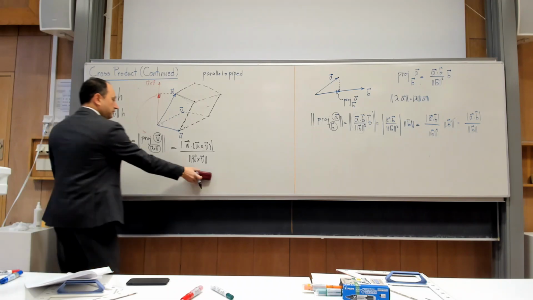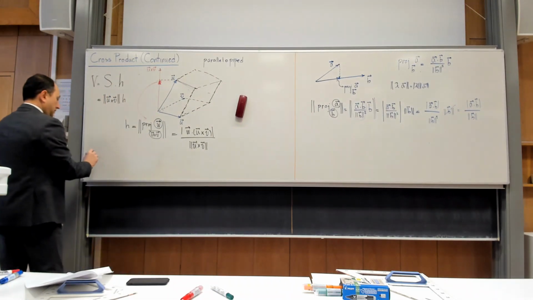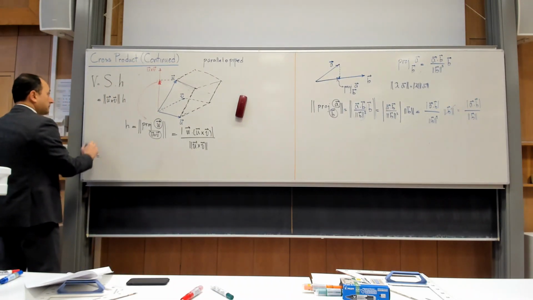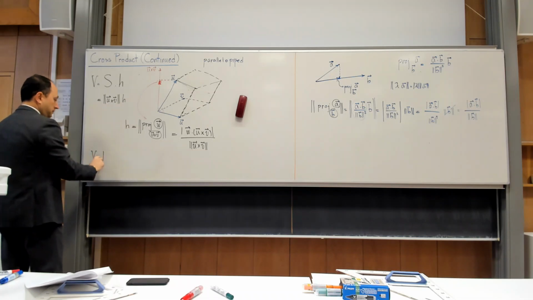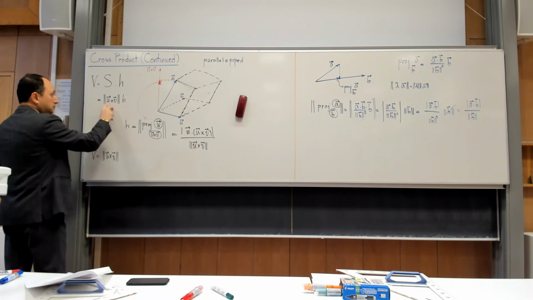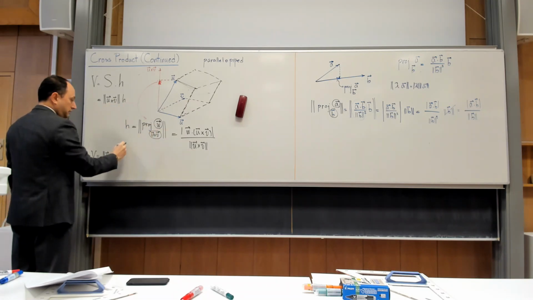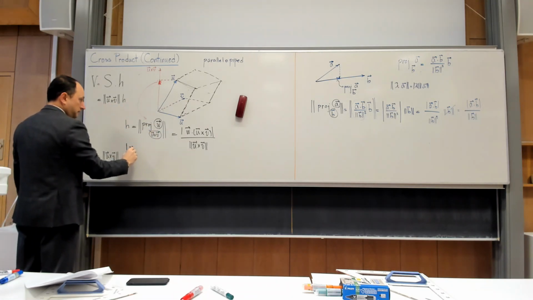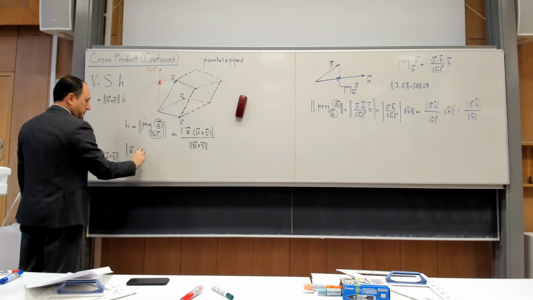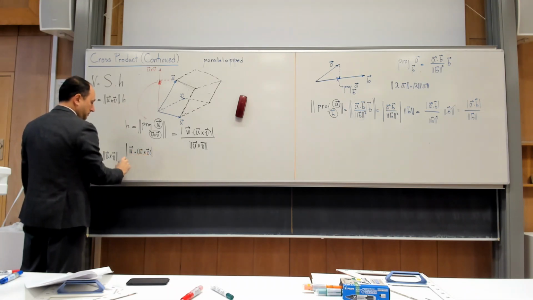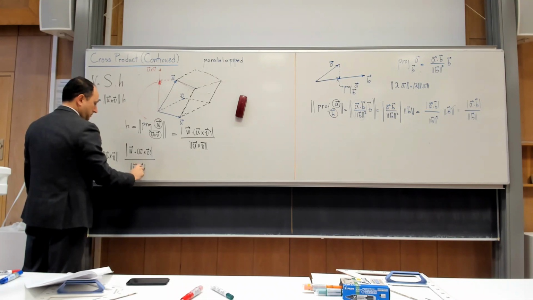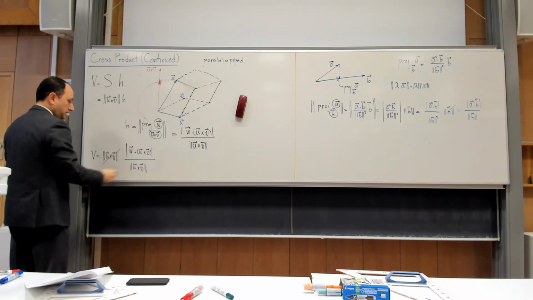So the volume V is equal to the norm of U cross V multiplied by H. H is that guy. But whatever this is, that is the same number.